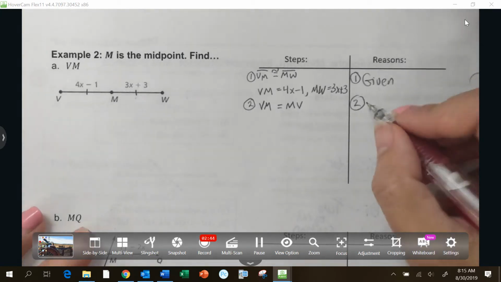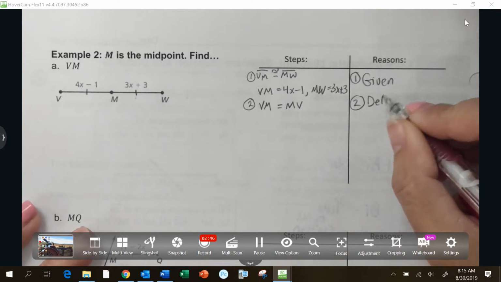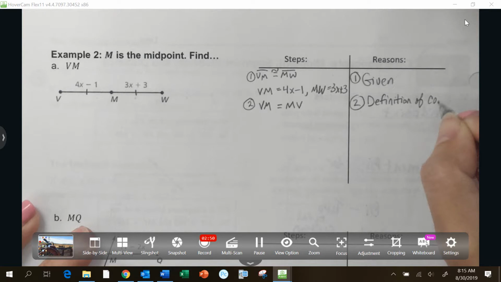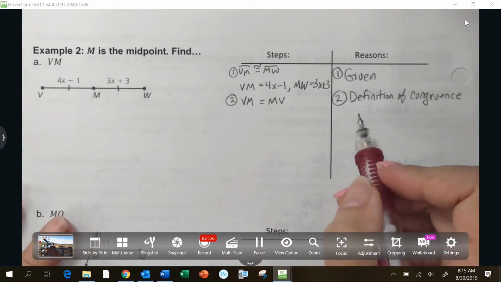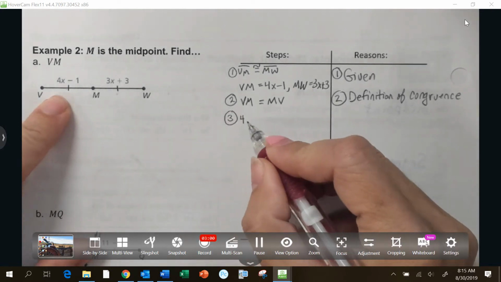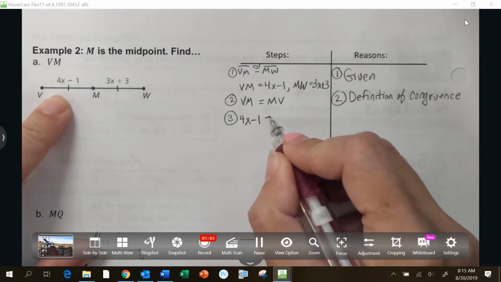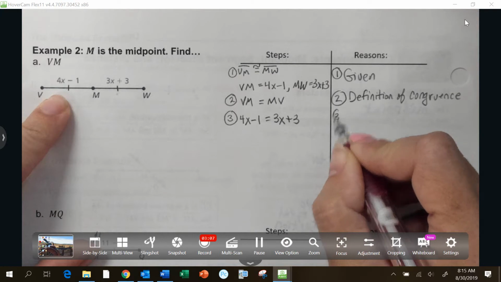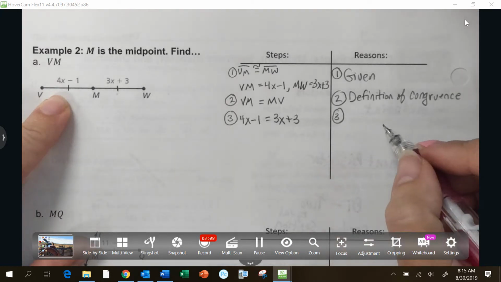So this is the definition of congruence. So then Matthew said, so we can do an equation for 4x minus 1 equals 3x plus 3. Because they were congruent, we can do that.